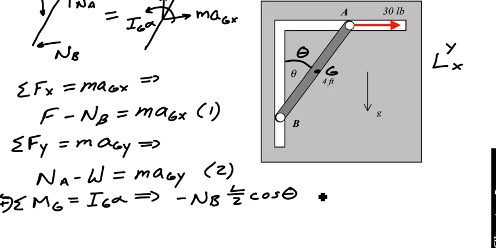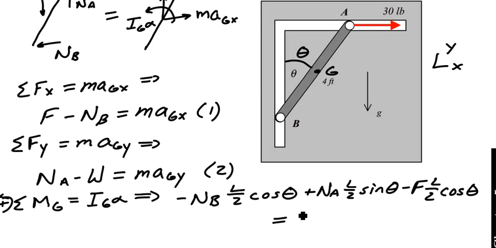I'll have the normal force at A creating a positive moment, and its moment arm is going to be L over 2 times the sine of the angle theta. And I'll have a negative moment coming from the applied force F, and its moment arm in this case is going to be L over 2 times the cosine of the angle theta. That's going to equal I about G for a thin bar, which is 1/12 times ml squared, and then we'll have that multiplying alpha, and we can call this equation 3.